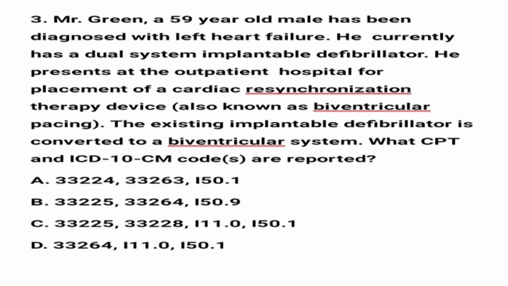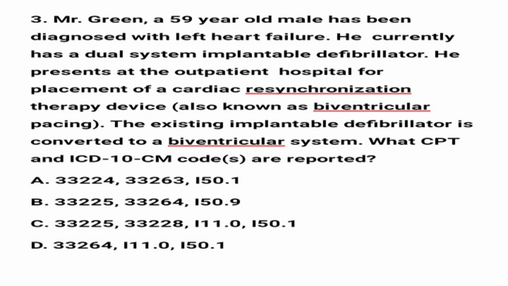Let me check option A, 33224. 33224 is for insertion of a pacing electrode, cardiac venous system, for left ventricular pacing, with attachment to a previously placed pacemaker or implantable defibrillator pulse generator, including revision of pocket, removal, insertion, or replacement of existing generator.